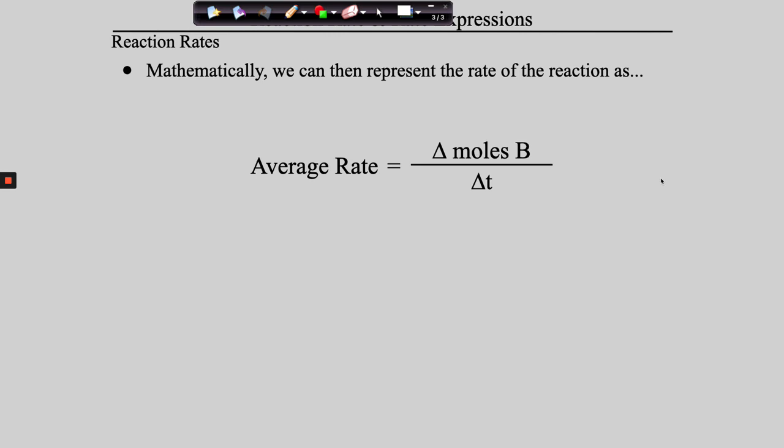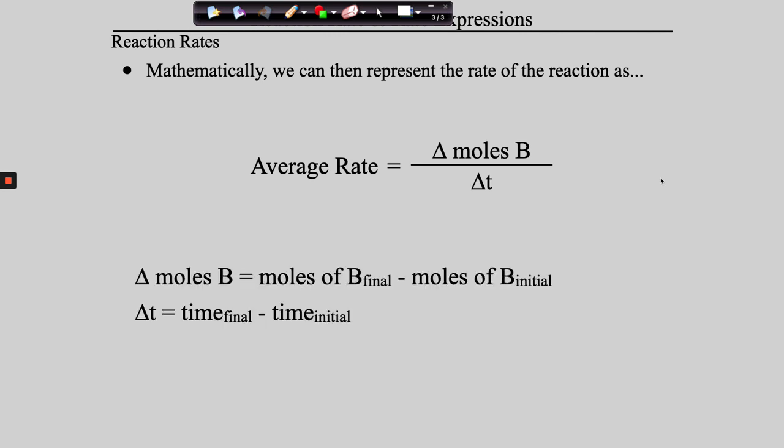But you already know that change is final minus initial. So when we do this sort of stuff, it's change in B, or the amount of B final minus the amount of B initial, and then that's divided by the time interval that went by. Again, final minus initial. Is that okay? You guys good with that idea? Final minus initial? Okay.